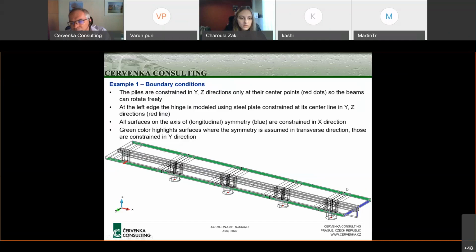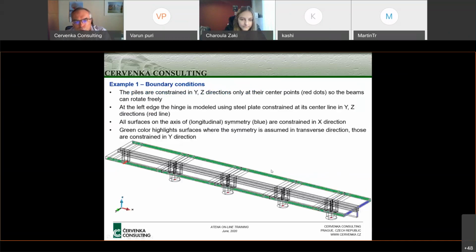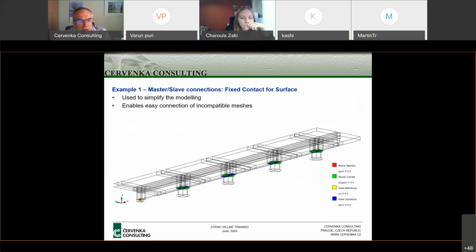These are shown by these green lines indicating fixed support in Y condition, and blue lines support in X condition. And to simplify our model, we are also using the fixed contact approach in ATENA, where we can have incompatible meshes. This shows these fixed contacts between the beam and the supporting columns.